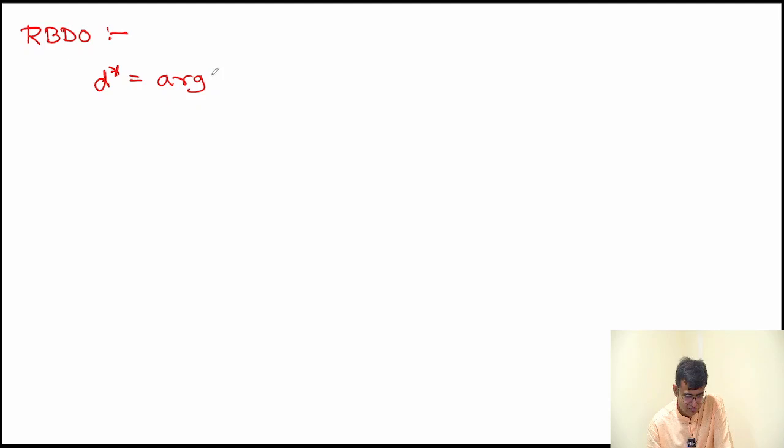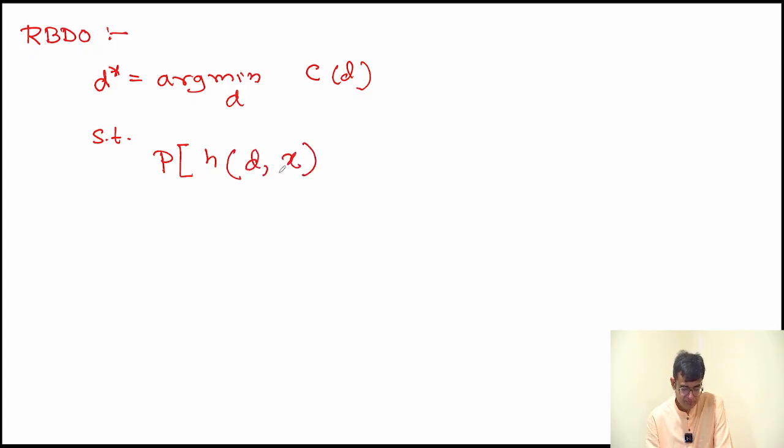So in our video, the idea is that you minimize mu D, arg min over D, of C of D, subject to some reliability constraint, subject to, let's say, probability of H(D, X) greater than the threshold, which means violating the constraint, right, for failure.